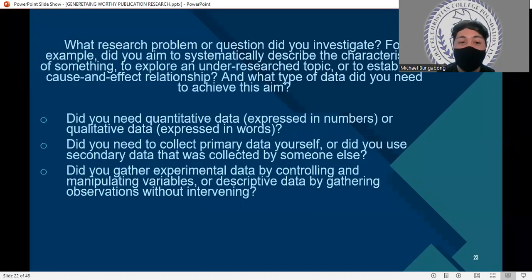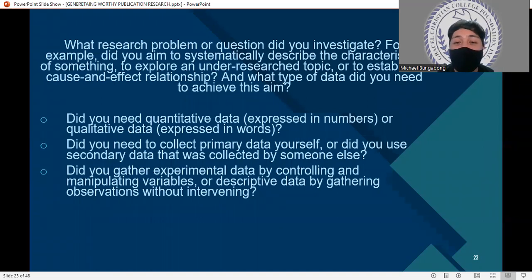Secondly, what did you aim to do? What research problem or question did you investigate? For example, did you aim to systematically describe the characteristics of something, to explore a research topic, or to establish a cause and effect relationship?